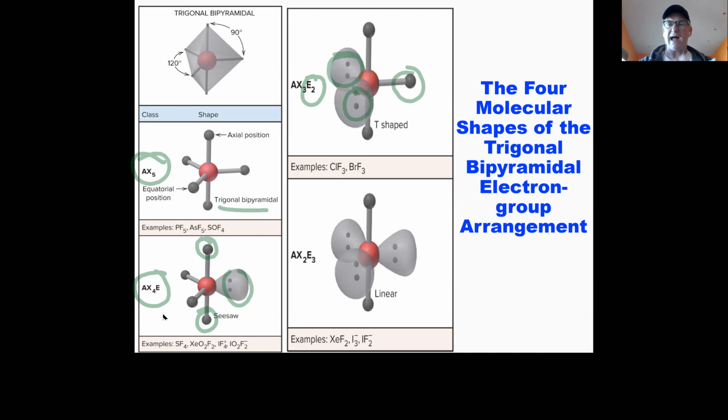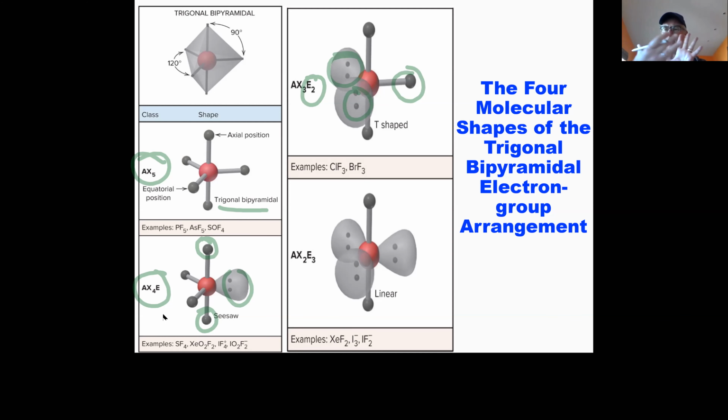Anyone remember why the lone pairs get put into the equatorial positions? Why do they get put there? What's the difference between the axial positions on the top and the equatorial positions around the middle? The angle? The angle, that's right.